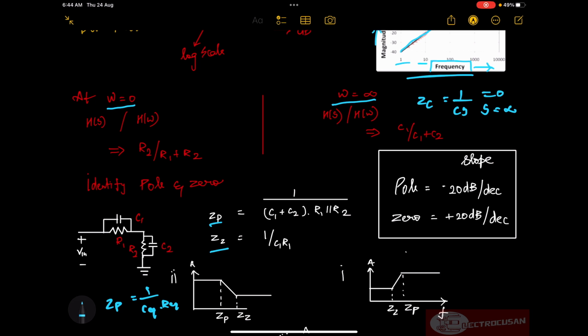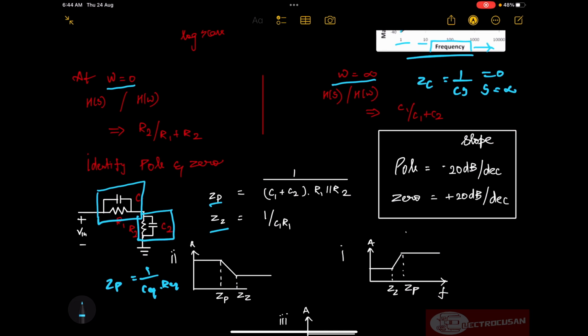In order to find the zero of the circuit, this branch of the circuit must be infinite, or this part of the circuit must be 0. As you can see, this part can't be 0, because if this turns to be 0, then this thing also turns to be 0, right? So that is overruled. So we will try to find if this thing can turn to be infinite.